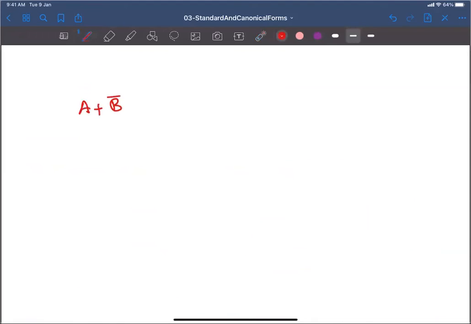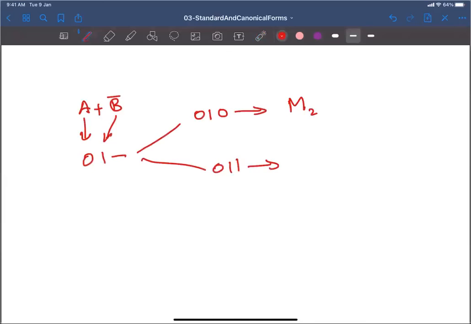So this is going to be corresponding to a 0, and this is going to be corresponding to a 1. The B complement is going to be corresponding to a 1, and then you have a hyphen here. So this is going to be either 0, 1, 0 or 0, 1, 1, which is, I'm sorry, max term number 2, and this is max term number 3.